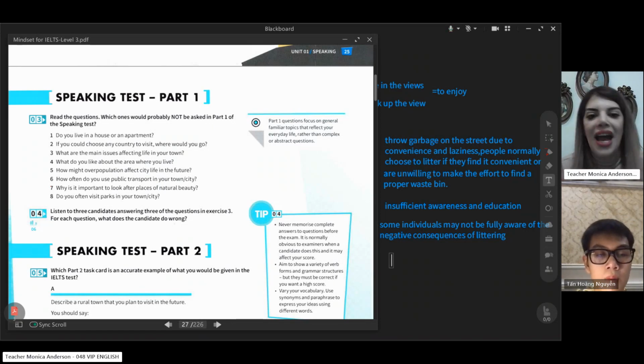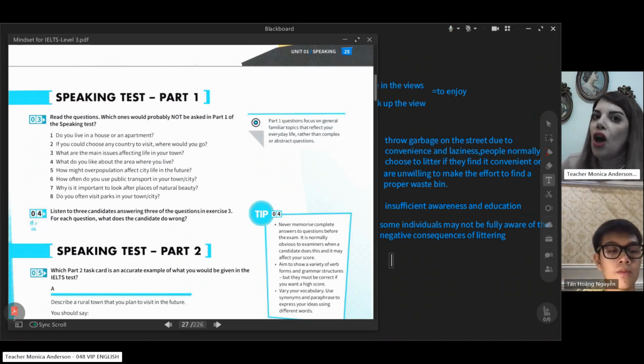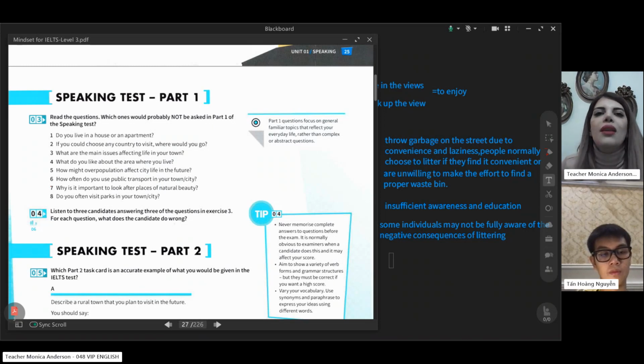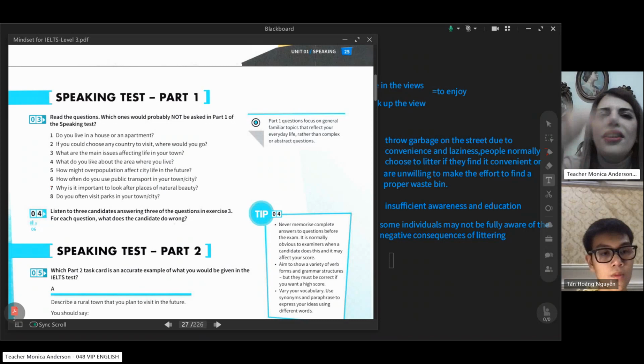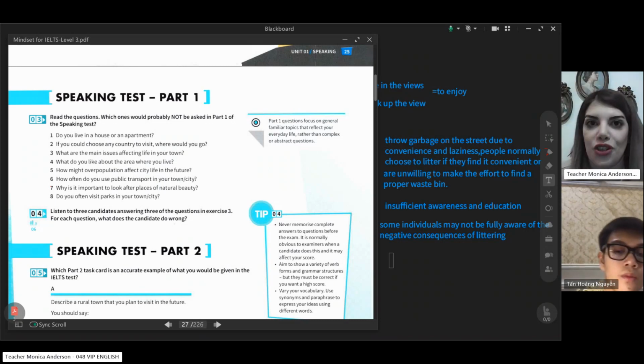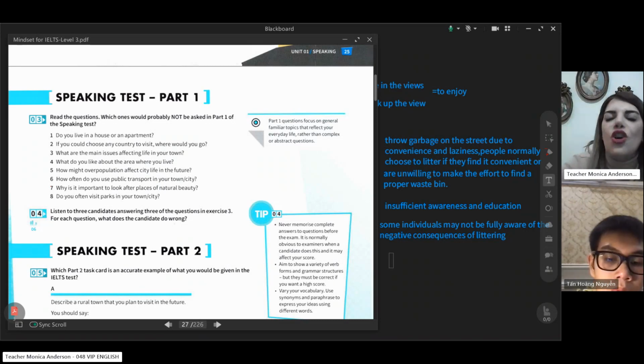So now you have some advantages that you can discuss. Sometimes you can use them as disadvantages using nots. For example, there are some alternatives that you can mention to talk about pros and cons of living in cities or countryside. So the first one, fresh air.